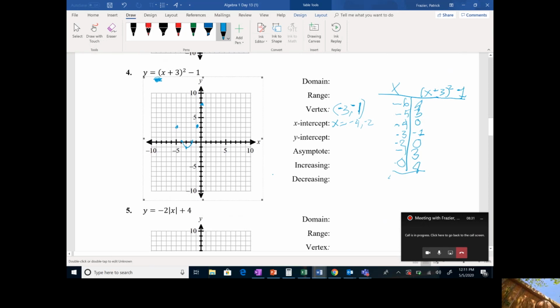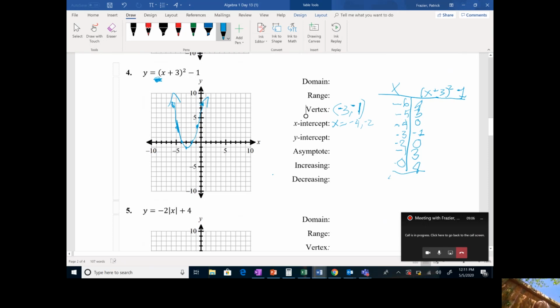And then for -6, up to the same level. And I just keep going. So it's a U-shaped curve there. That's what it is, a parabola.